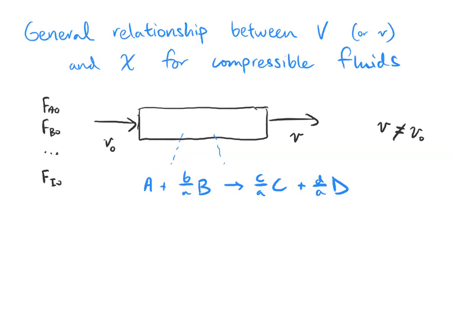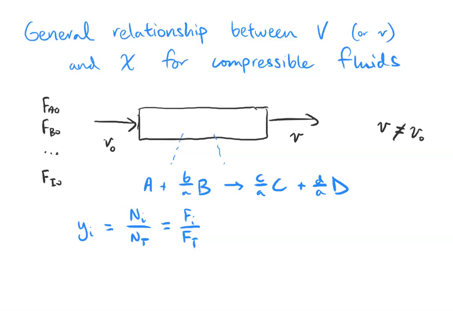Now here, I want to point out that generally when we're interested in the mole fraction of a species, we know it's the number of moles of that species over the number of total moles. And it could also be the molar flow rate of that species over the total molar flow rate.